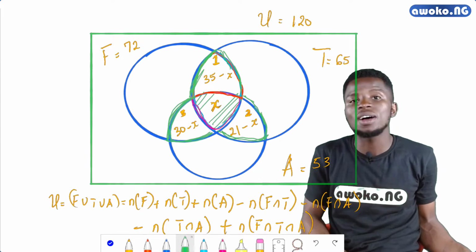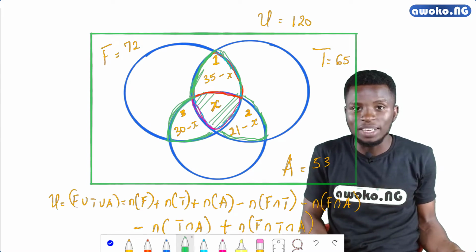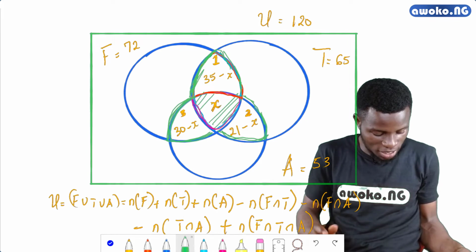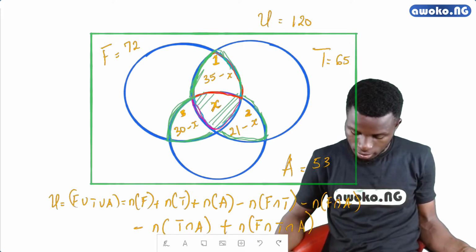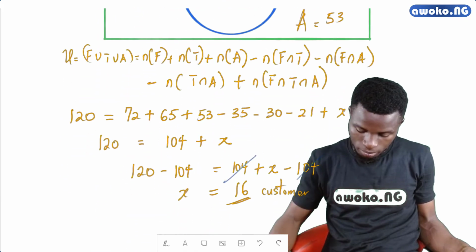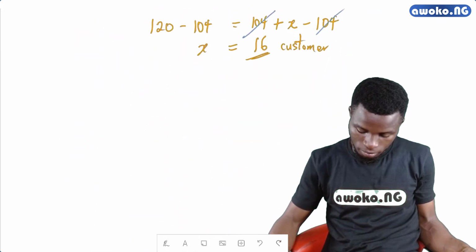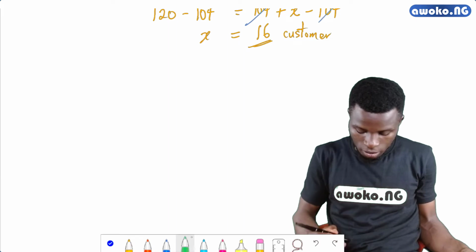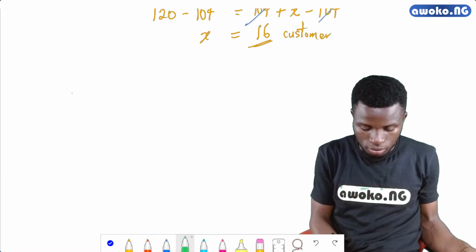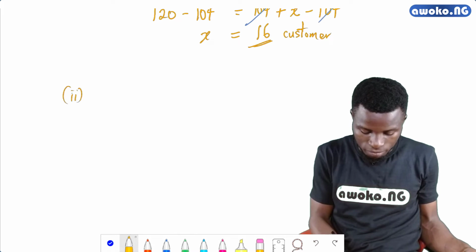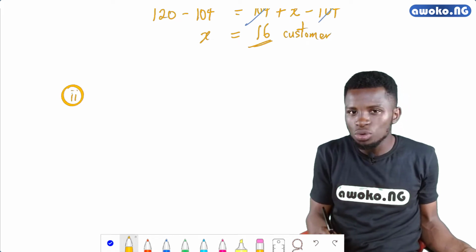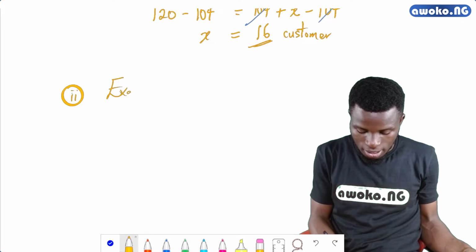And after getting them, we now add them together to get the final answer. So by doing this, the second part of the question said exactly 2 of the 3 banks.